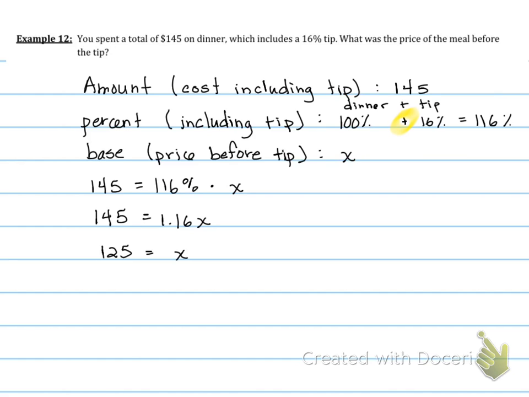So we have sort of an overall process, and if you take the information they give you and you label it really, really well, then you won't make mistakes with interpreting the problem, and then you can turn it into an equation. Don't try to memorize what this one looks like and what that one looks like, because it's really impossible for anybody to memorize all the different situations. You just want to kind of roll with what they give you.